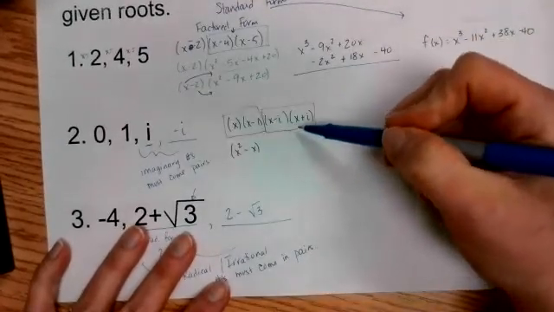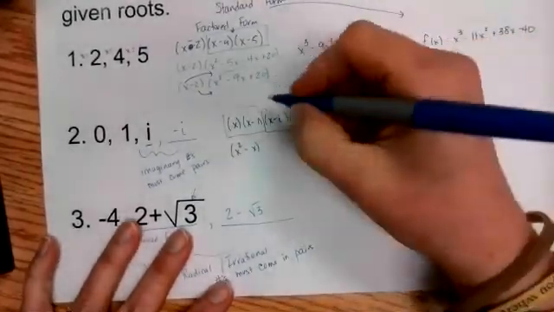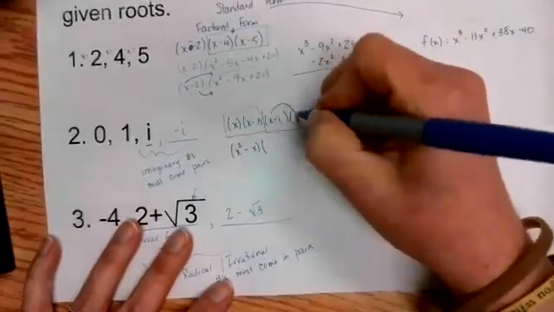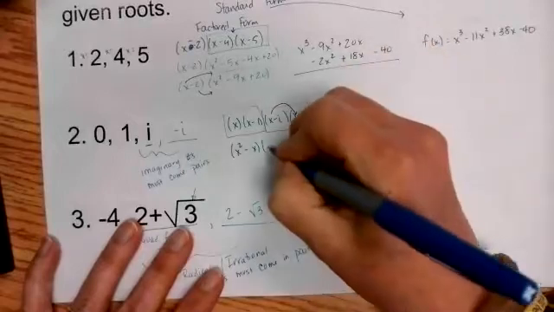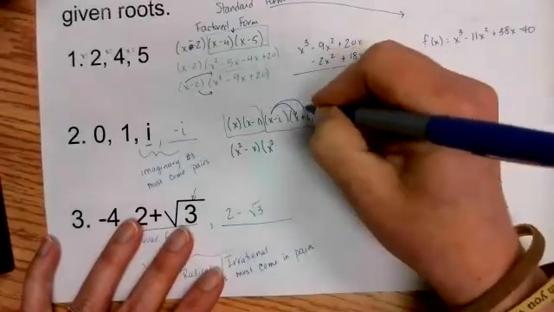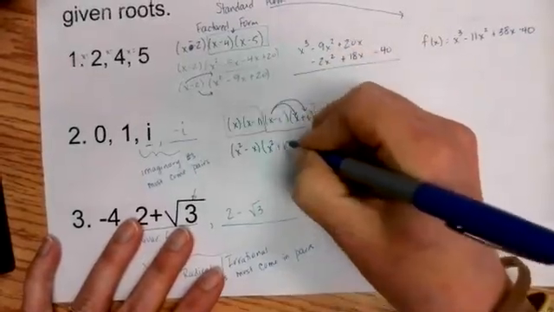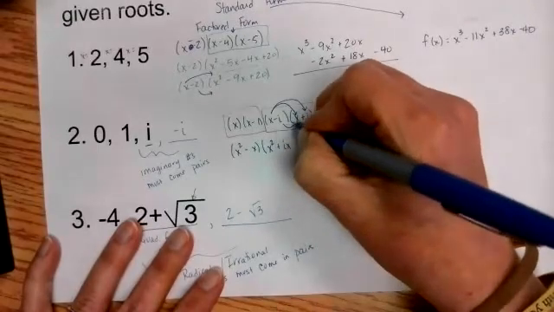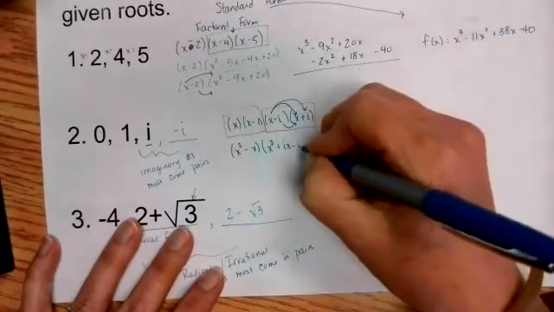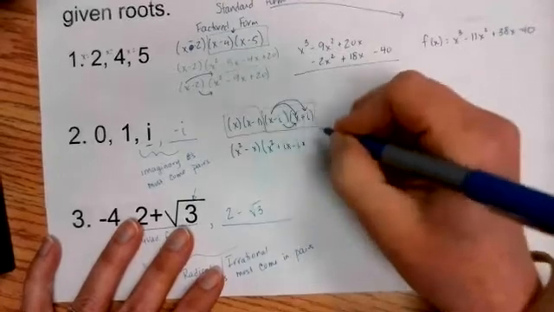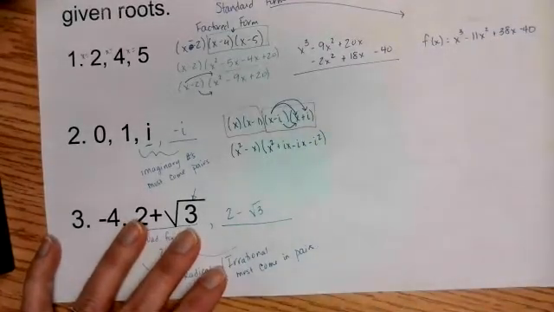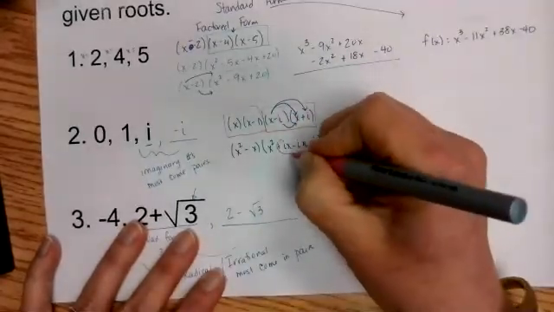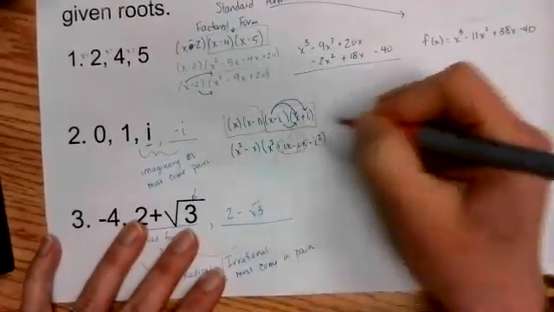When I do x minus i times x plus i, it's a lengthy process, and I have weird things, but they'll cancel out. So x times x will give me the x squared. x times i will give me a positive ix. Negative i times x will give me a negative ix. And then negative i times a positive i will be a negative i squared. My ix and my negative ix will cancel out.